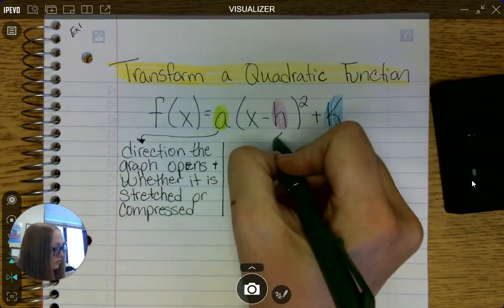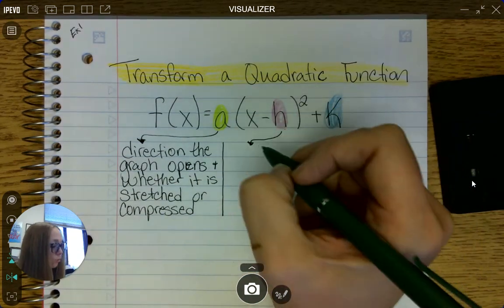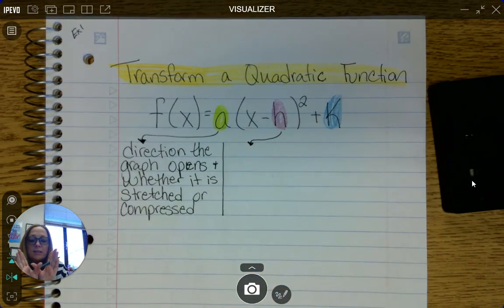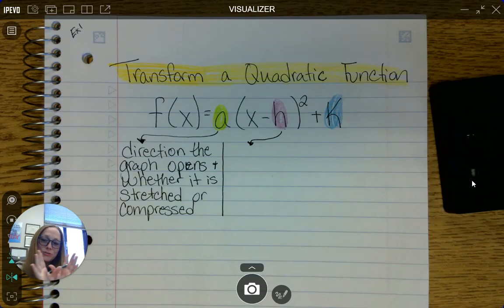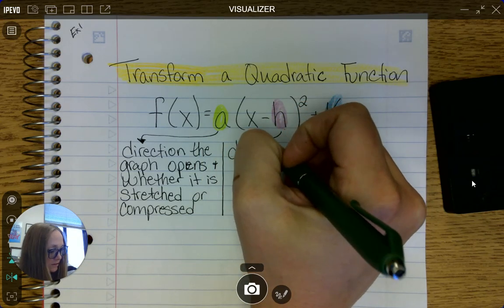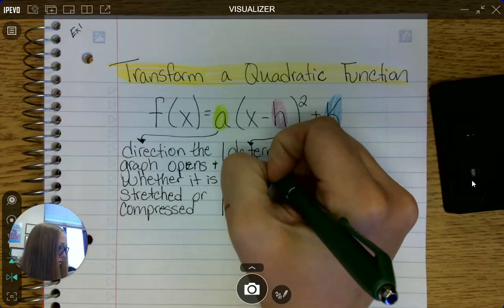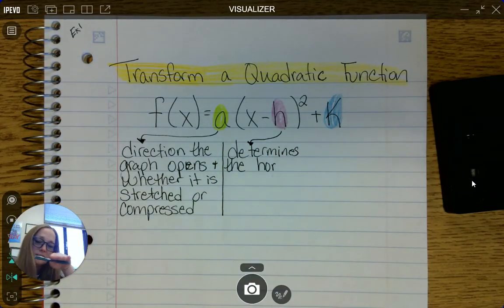Okay, h tells us whether our graph is going to slide towards the right or slide towards the left, okay? And the fancy math term for that is the horizontal. Think of the horizon, right? The sun sets and rises.